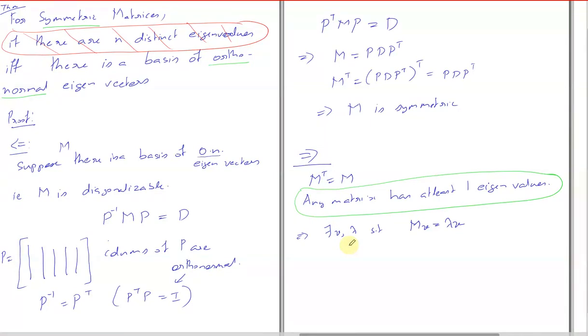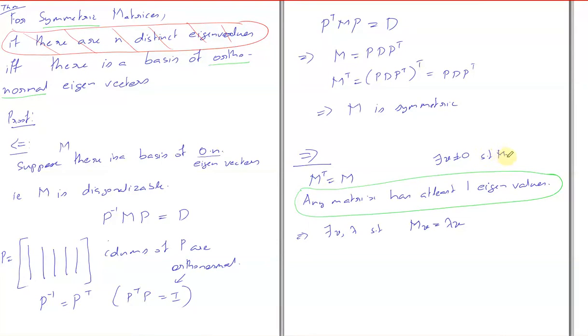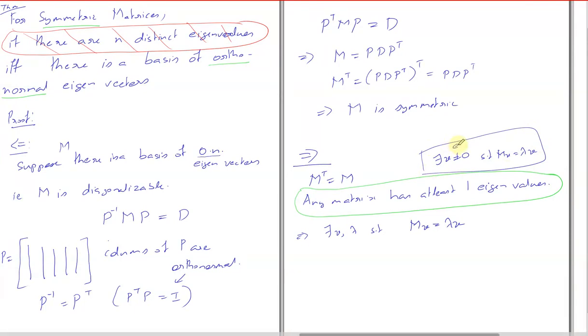What is the definition of eigenvalue? If lambda is an eigenvalue, then there exists V not equal to 0 such that M times V equals lambda times V. This is the definition of eigenvalue. There should be a non-zero vector such that M times V equals lambda times V, right?